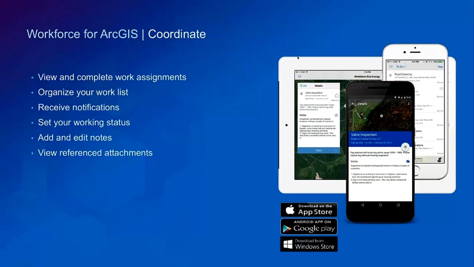When someone assigns you work from the office, you'll receive notifications directly on the device. Also important to the Workforce mobile application is that you can set your working status, and that's effectively broadcasting through your organization that you're actively working or that you're on a break or that you're done work for the day.